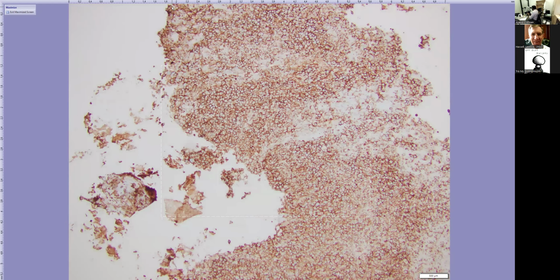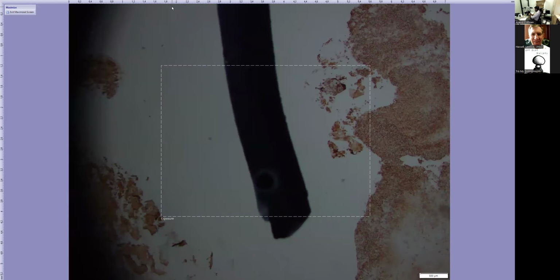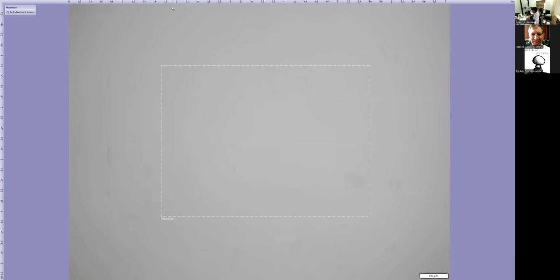So this helped us land on which differential we should be thinking of. CD45 being positive, I expanded to other hematolymphoid markers, so CD3, CD5, CD10, CD20, and so forth. I'll show you the main markers that were positive.